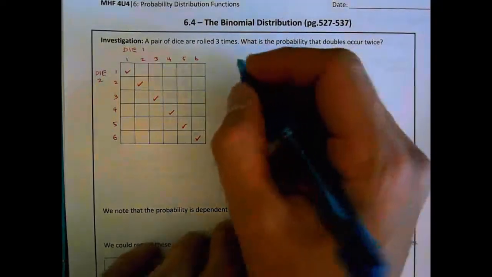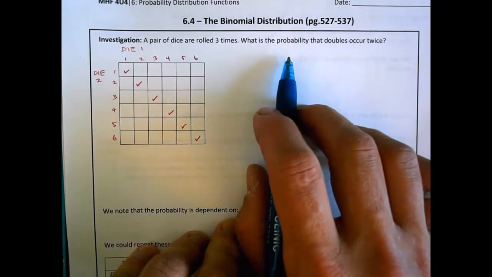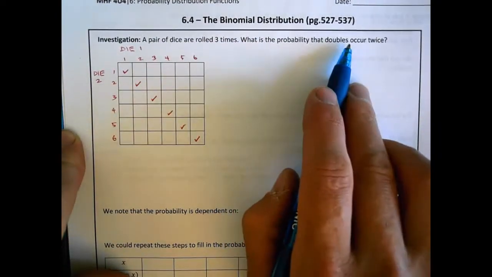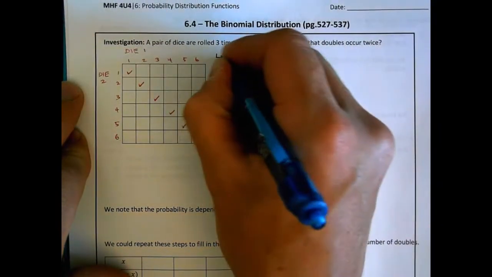We're going to get into the habit of talking about what success is when we talk about the binomial distribution. In this case, we want to roll doubles, so that's going to be our success.